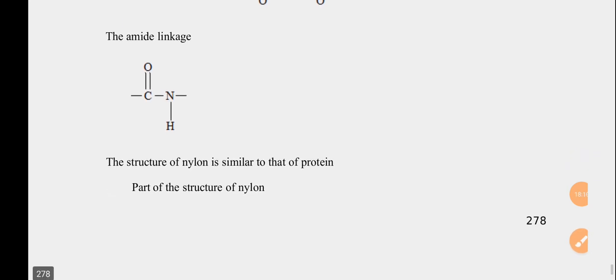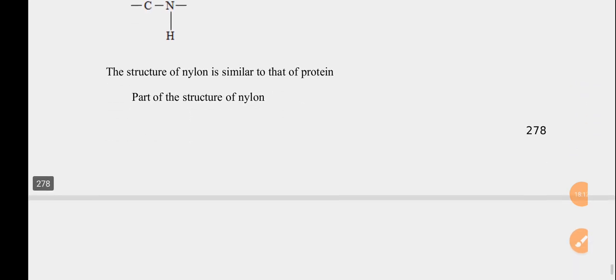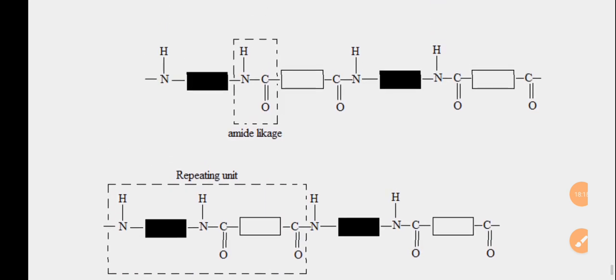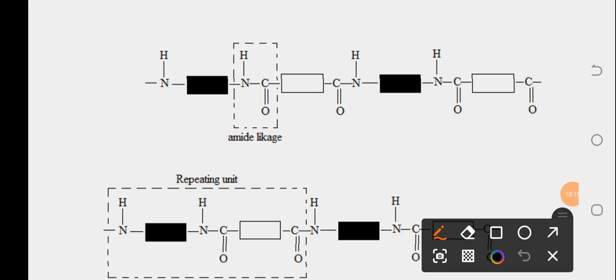So that is the structure of what? Nylon. So maybe we can take a look at the structure of nylon. Yes, the structure of nylon. This is the amide linkage. Then, if you have been asked to circle the repeating unit, it is that unit which is repeating itself.